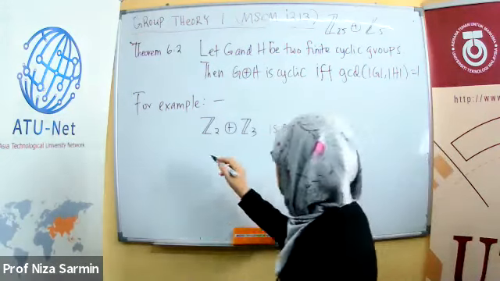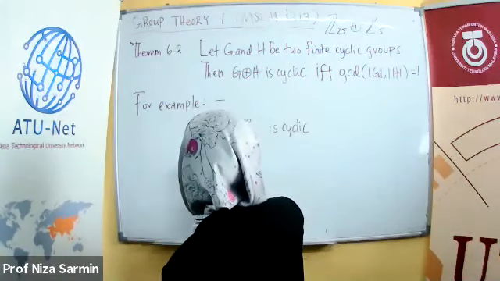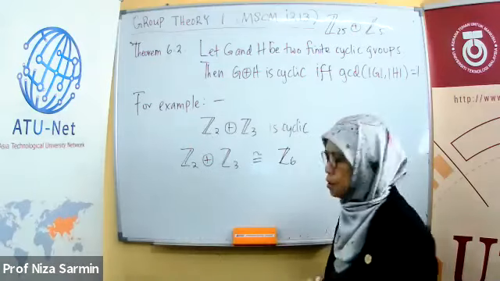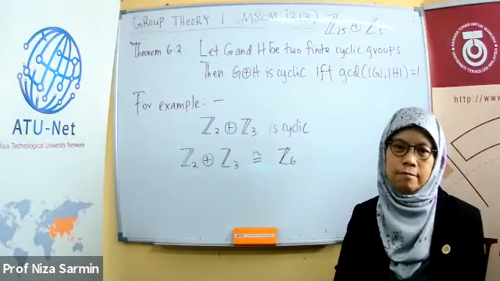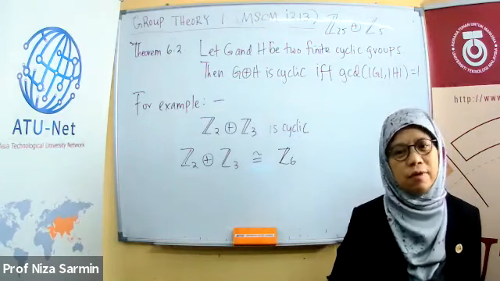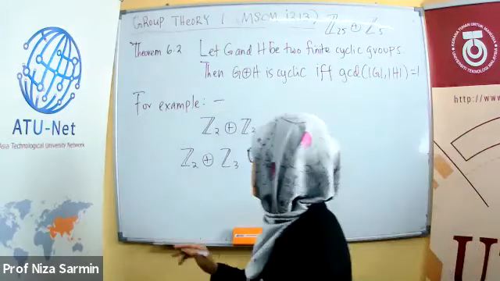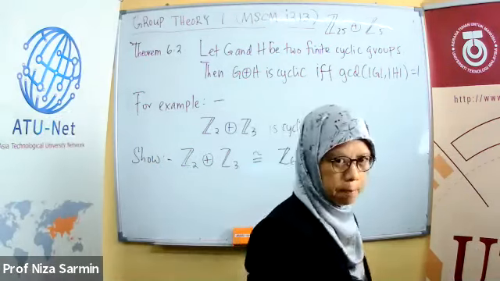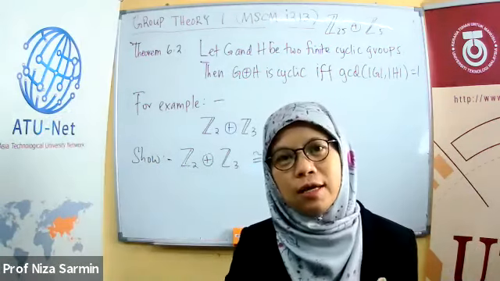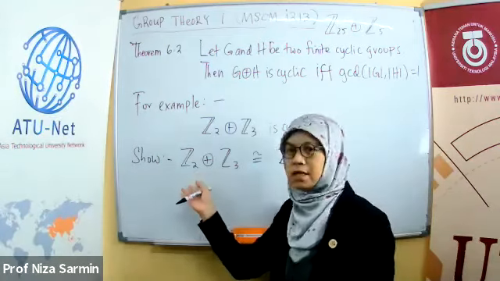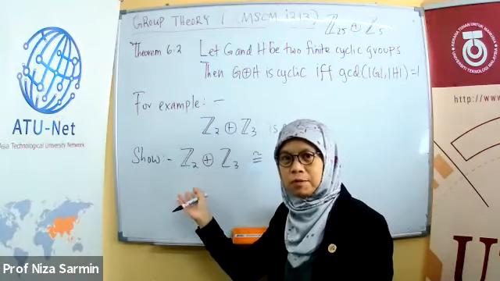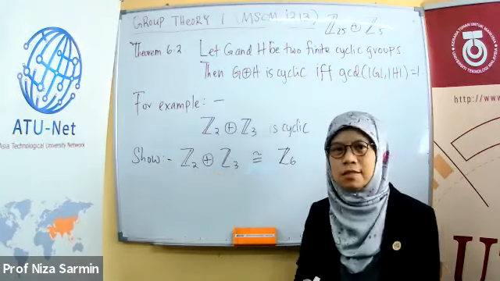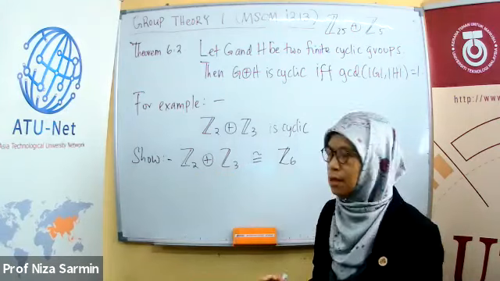So it's cyclic, and you can show that this is isomorphic to Z6. Okay, this is chapter 5. They are not the same, but they are isomorphic. Why are they not the same? Because the elements are different. The elements here are pairs, right? The element here is just a singleton.